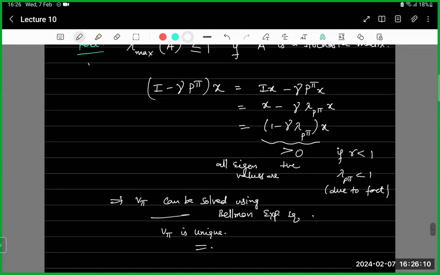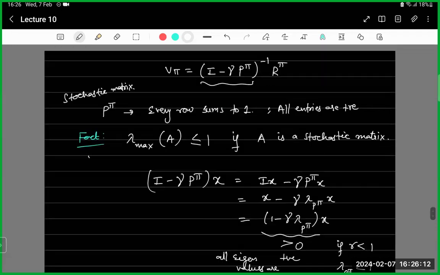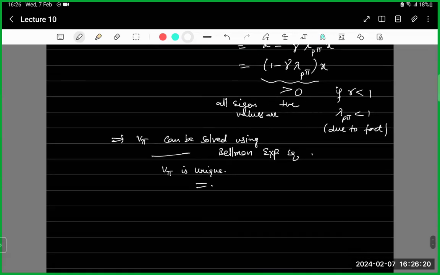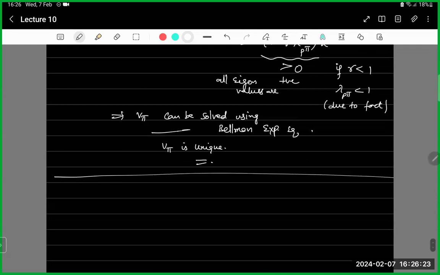You just calculate the I minus gamma P pi matrix, take the inverse, and multiply with r pi. You'll get V pi. Later we'll come up with iterative algorithms to solve for V pi, due to the complexity of inverting this matrix.